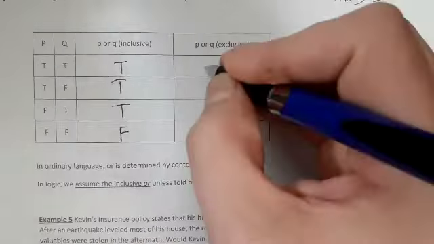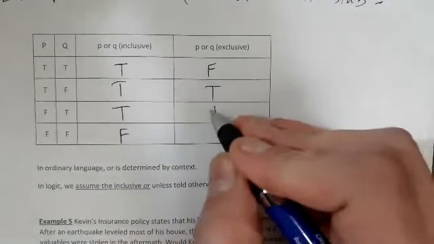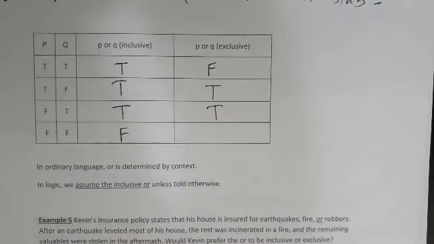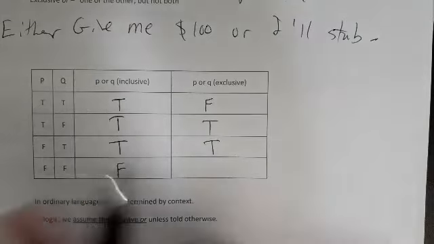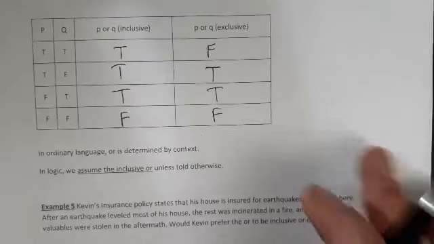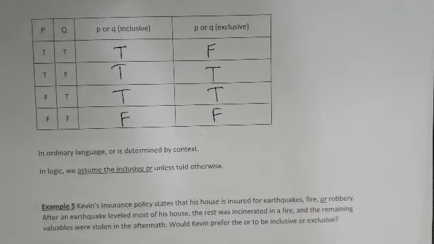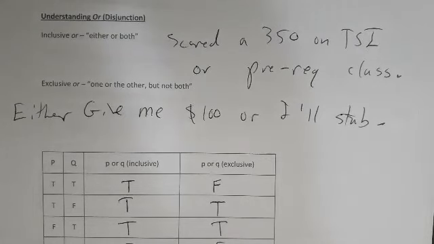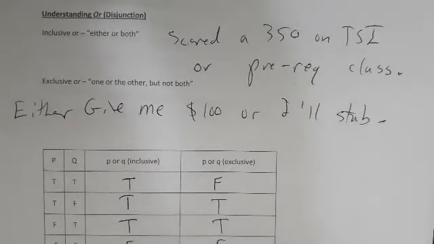Anywhere else, it's exactly the same, with exactly the same kind of rationale behind it. If one of them is true, it's true that it's one or the other, right? Back to the mugger example: if you don't give him $100 and he doesn't stab you, he was lying about that. And so if I'm talking about ordinary language, when we use the word or, you really have to look at the context.